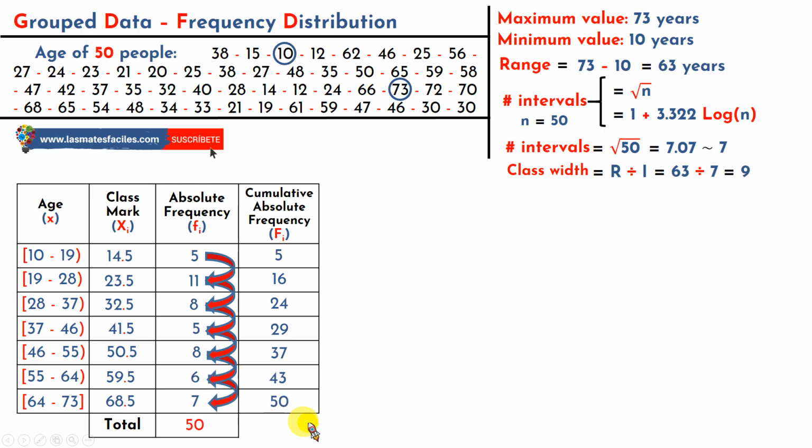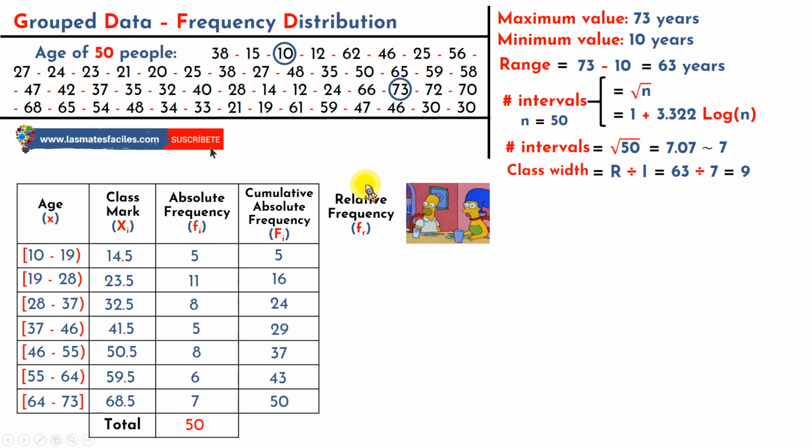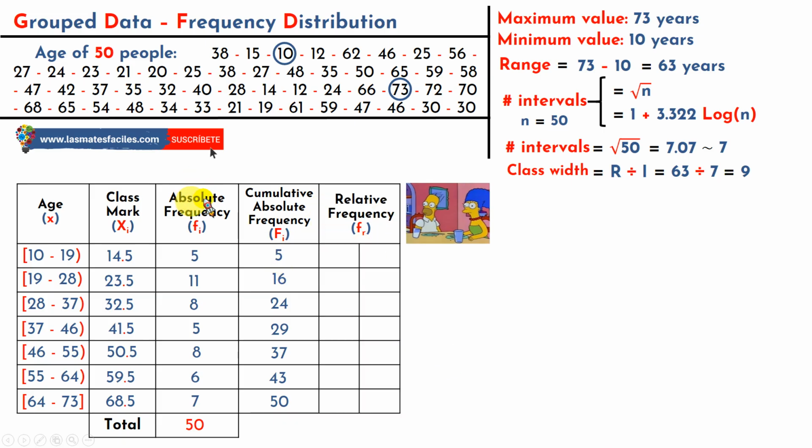Now let's talk about relative frequency. What is the relationship between each absolute frequency and the total? That relationship is the relative frequency. We will take each absolute frequency and divide it by the total. I divide this 5 by the total, 50, that gives 0.1, and if I multiply by 100 I get 10%, and that is the relative frequency.